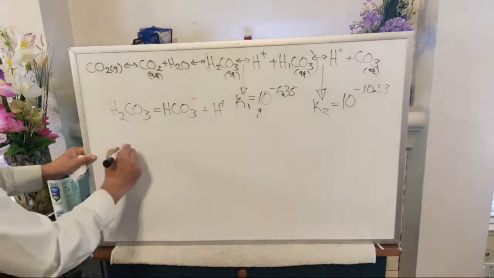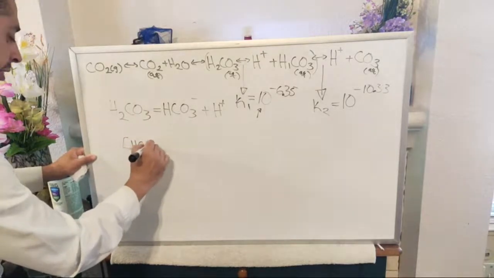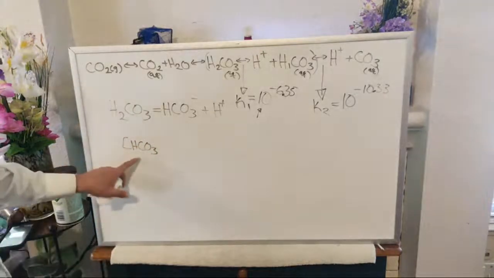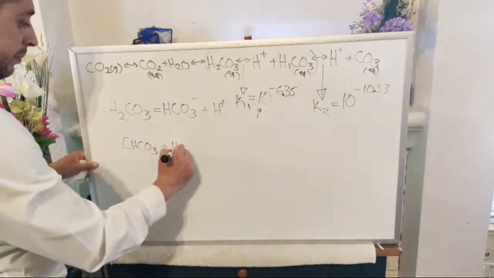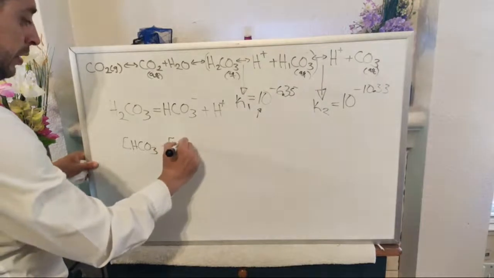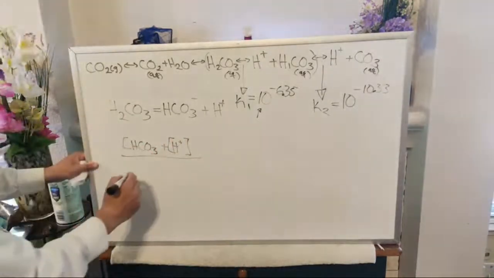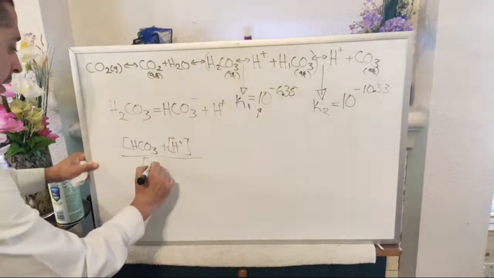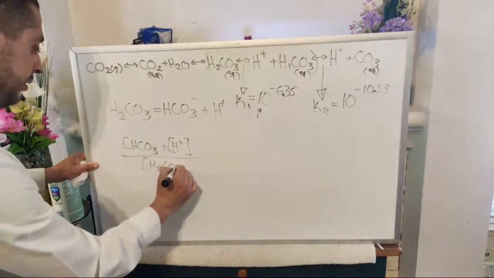So you're going to get HCO3, which is bicarbonate, plus the protons in the water over the carbonic acid, which is right there, H2CO3.